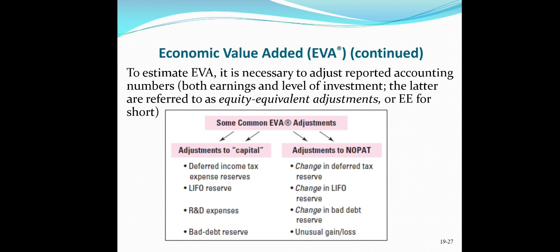And then on the right side of the box, adjustments to NOPAT: first one is change in the deferred tax reserve, change in LIFO reserve, change in bad debt reserve, and unusual gain or loss. So like I said earlier, hopefully in the next lecture, I will share with you a sample question related to EVA. Then I hope you can follow the idea.